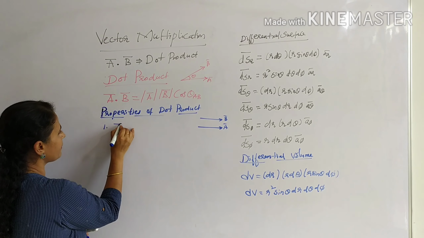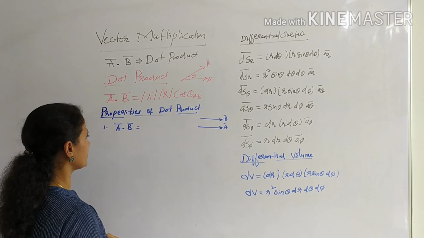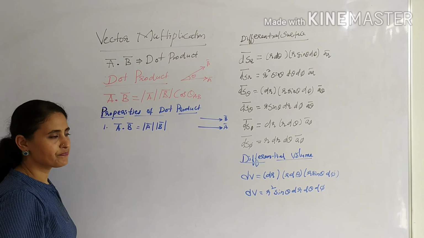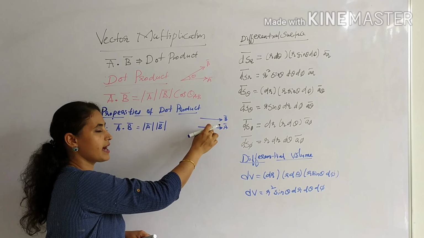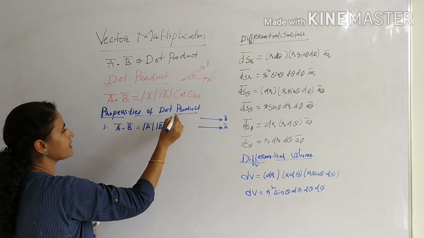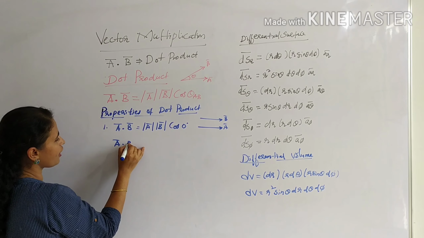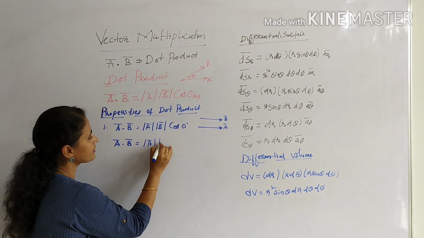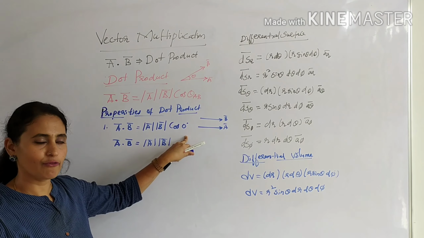It is the magnitude of the first vector, the magnitude of the second vector, and cos of the angle between them. As the two vectors are parallel, the angle between them is 0, so it is cos 0. The dot product of two parallel vectors is simply the product of the magnitudes, because cos 0 is 1.